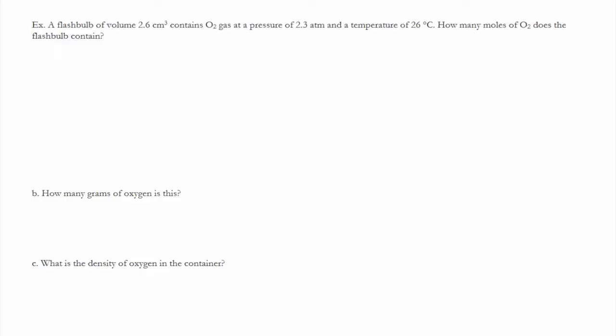So in this problem, I'm given volume, pressure, and temperature, and I'm asked to solve for the number of moles of oxygen. I'm going to be using the ideal gas law, PV equals nRT.